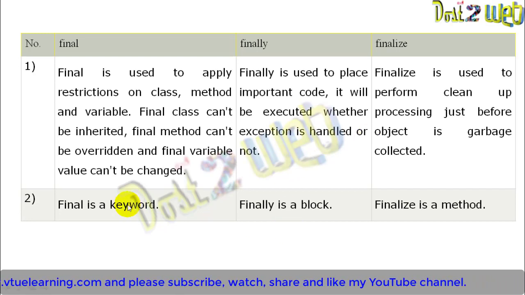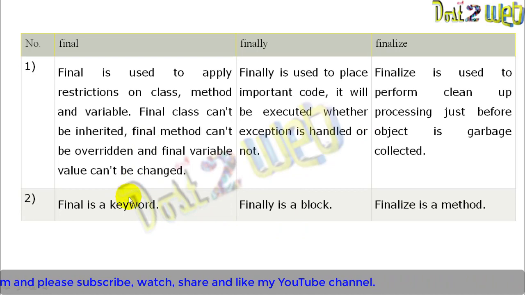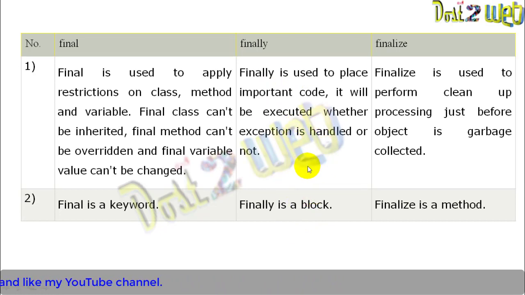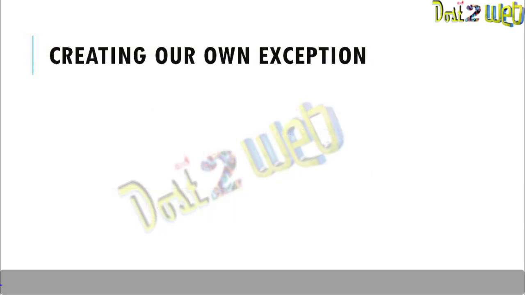So final is a keyword. Finally is a block. And finalize is the method to clean up the process. This is the difference between final, finally and finalize.